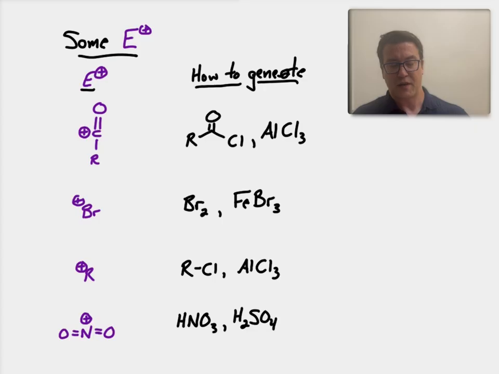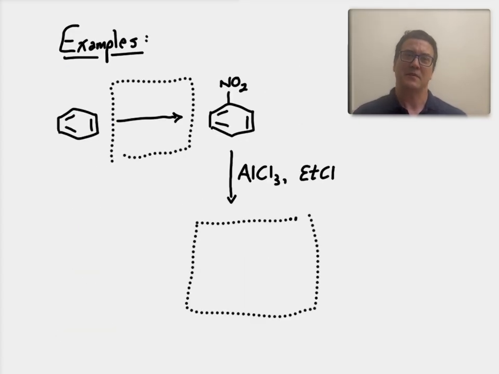Finally, if you're trying to add a nitro group, an NO2 group, to your aromatic ring, you treat with nitric acid and sulfuric acid. Again, that's a very highly acidic situation, and this is going to nitrate your aromatic ring. Let's look at an example of how this might look in a synthesis. If you had a benzene ring and you're trying to make nitrobenzene, the conditions you would use are nitric acid and sulfuric acid, so you're doing a nitration reaction.